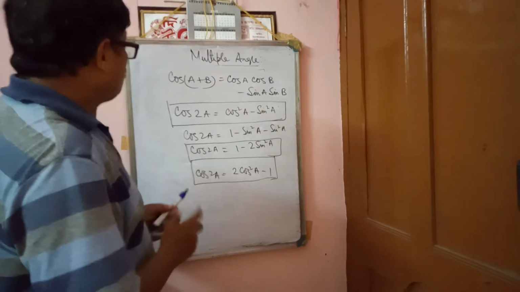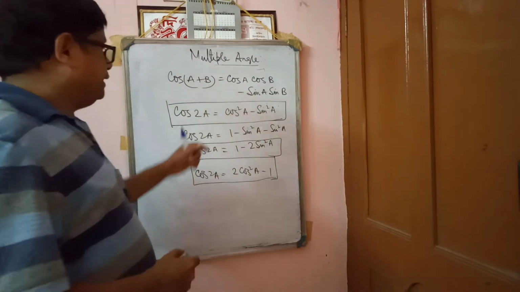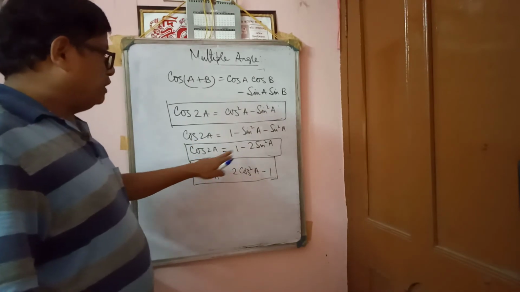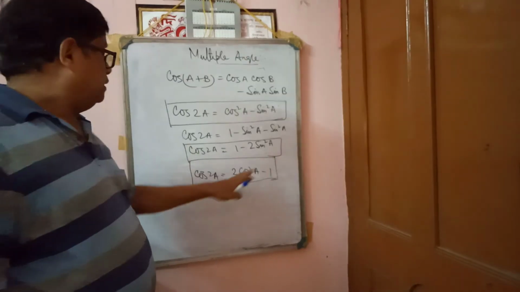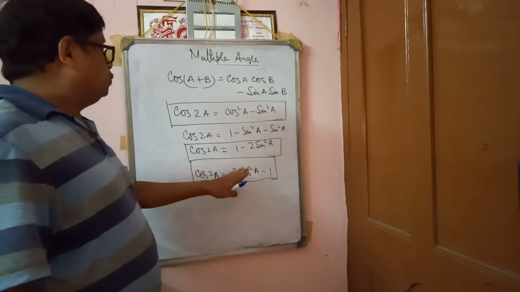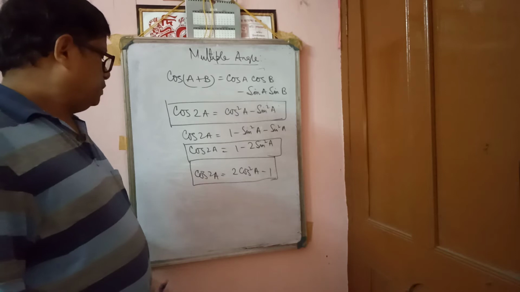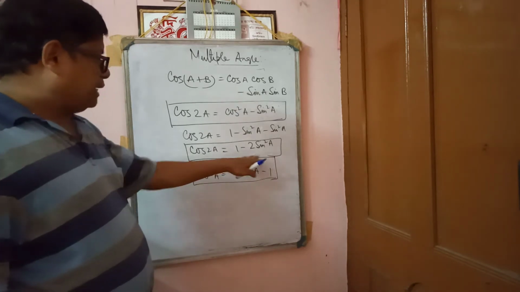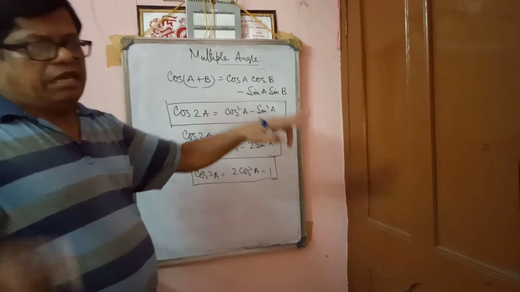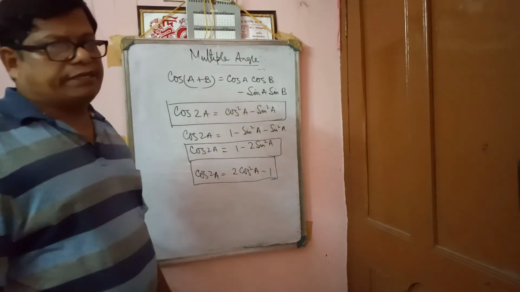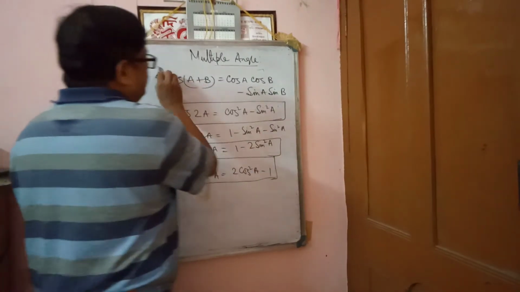So cos 2A equals cos square A minus sin square A, or 1 minus 2 sin square A, or 2 cos square A minus 1. Cos in terms of sin will be 1 minus 2 sin square A, and the combined sin and cos form is cos 2A equals cos square A minus sin square A.